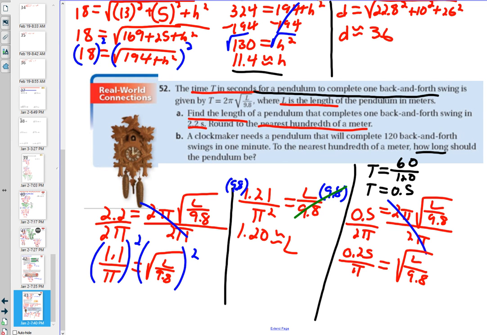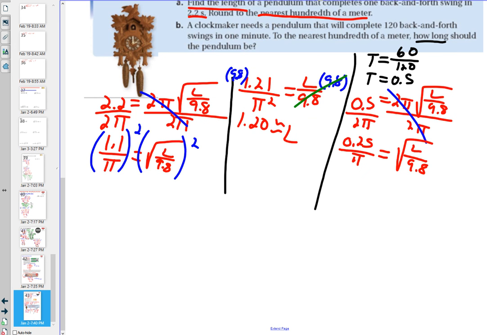John, what do you want to do next? Yeah, square both sides. I believe that gives you 0.25 over pi squared is L over 9.8.